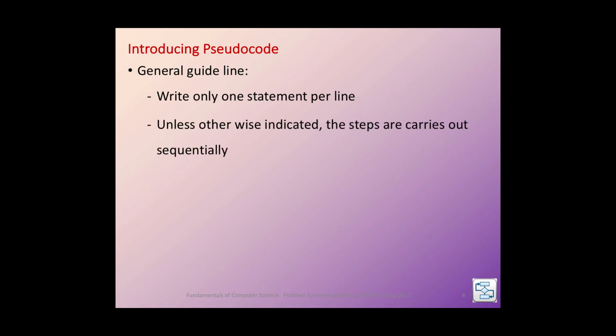And those statements, unless otherwise indicated, are carried out sequentially, one after the other. You should number the lines, and this is for reference. For instance, you could be discussing it with someone on the phone, okay?